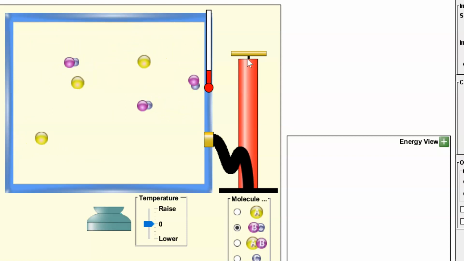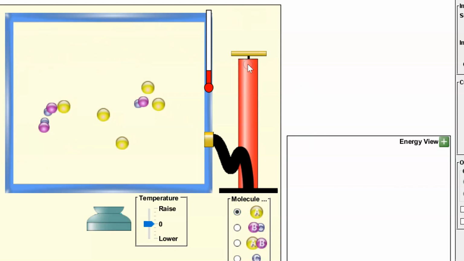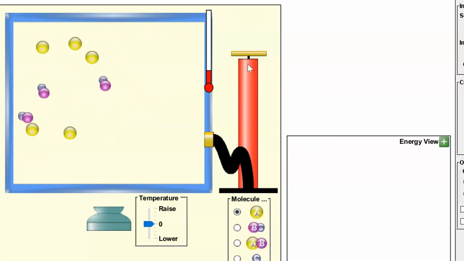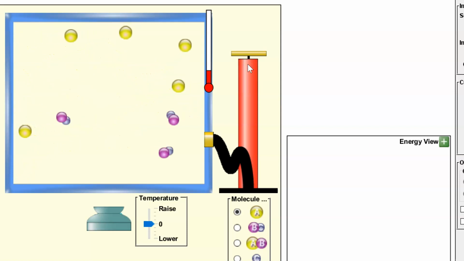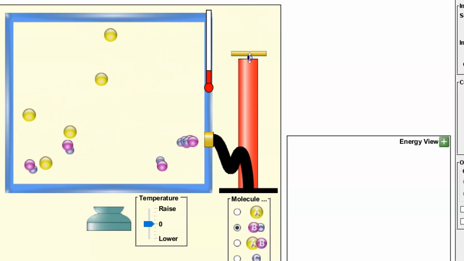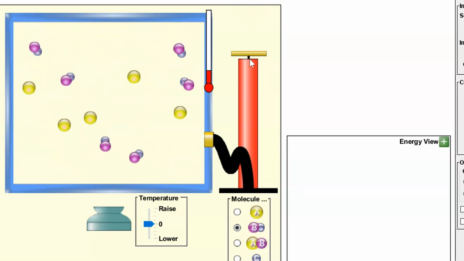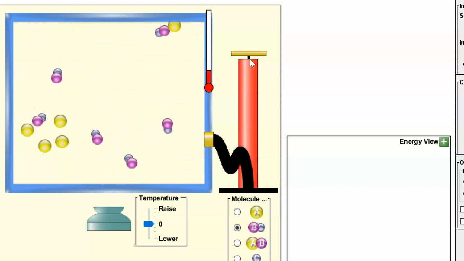Now you can see our rate of reaction is not particularly fast. So, what if I add more of each? So now I have doubled the concentration, but you can see not a single reaction event has taken place yet.